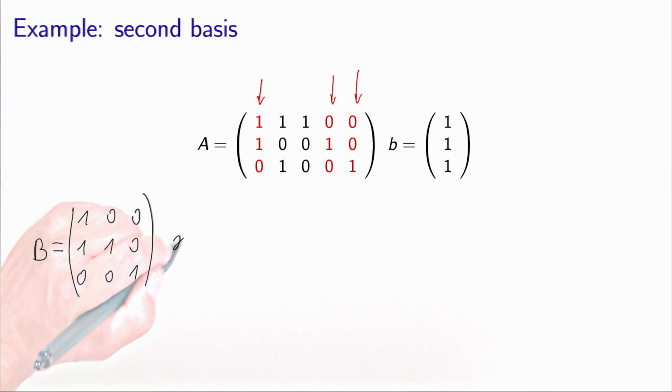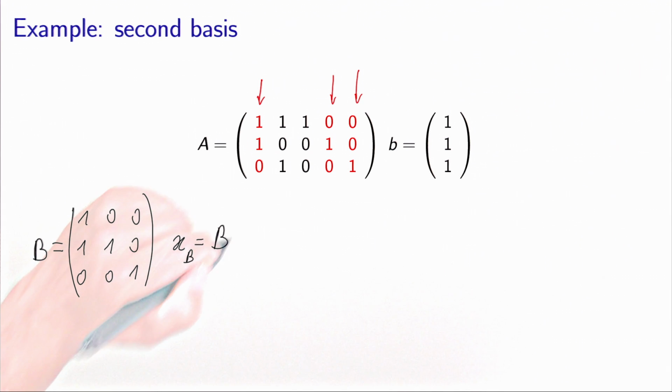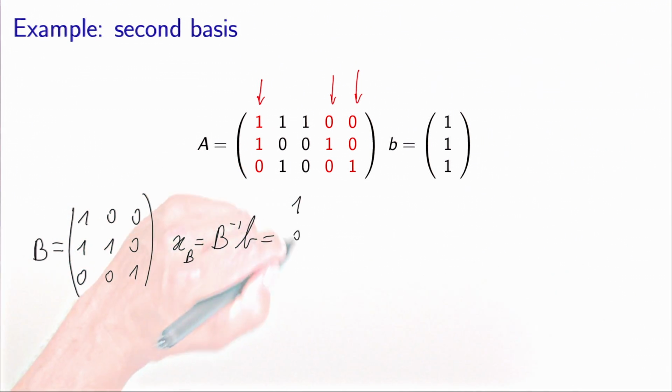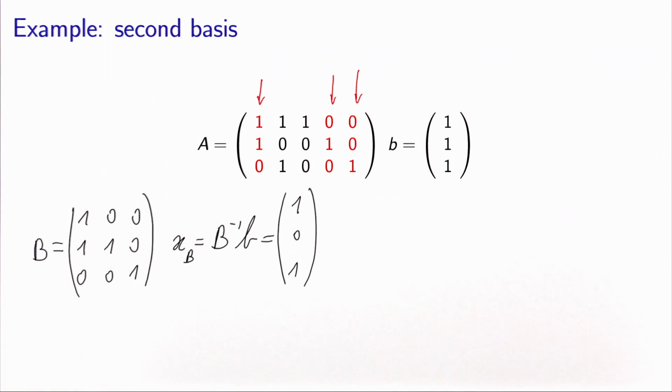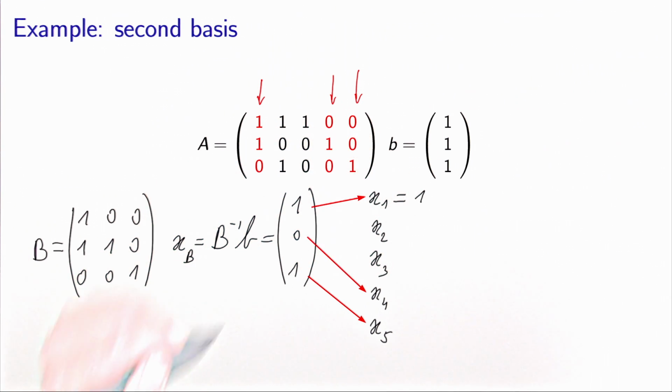And therefore, xB, which is equal to B inverse times b, we can show that it's equal to 1, 0, 1. So what is the x vector that corresponds to this? Well, we have x1, x2, x3, x4, x5. Now we have calculated the value of the basic variables, which are x1, x4, and x5. So it means that x1 equals 1, x4 equals 0, and x5 equals 1.